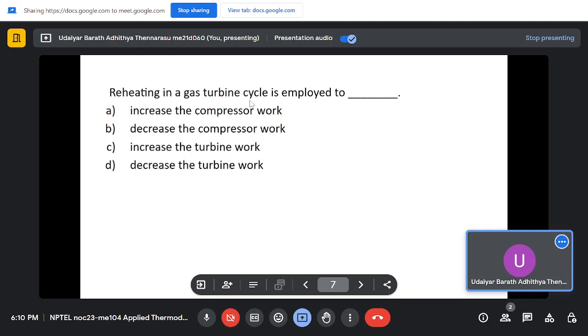And next: reheating in a gas turbine cycle is employed to dash. A, increase the compressor work. B, decrease the compressor work. C, increase the turbine work. And D, decrease the turbine work.